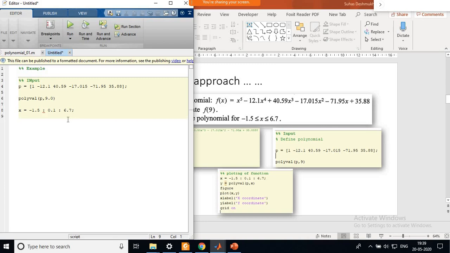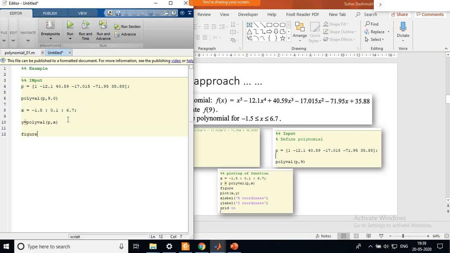So this is the array it has created. Once I create the array, I can use polyval again as a function, polyval p. Then I will supply this entire x array, and it will give me y as an output. I need to store it somewhere.